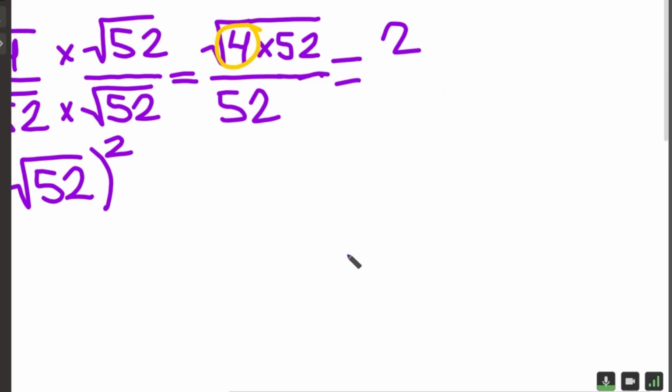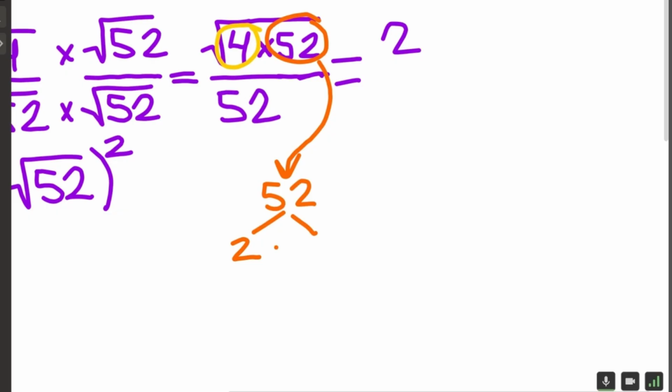What about 52? Do I have any perfect squares in 52? Well, let's think about it. If I were to do a factor tree for 52, what are some factors? I know it's divisible by 2, because it's an even number.